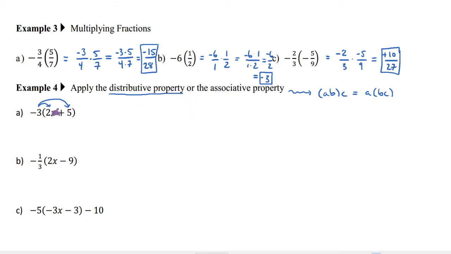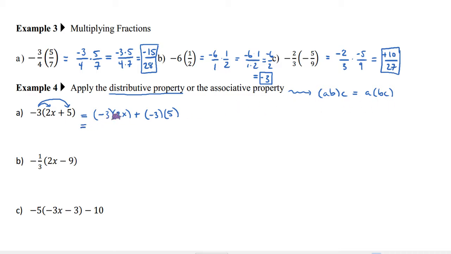So in a situation like this one, you absolutely have to make sure that when you're doing the distributive property, you multiply both of these terms by this negative 3. So here we would do negative 3 times the 2x, plus negative 3 times the 5. To make sure you don't make a mistake, it's a good idea to put parentheses around everything that you're going to multiply by, and then get rid of them, which is kind of what you're doing with the associative property in a way.